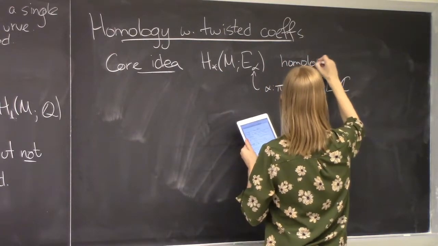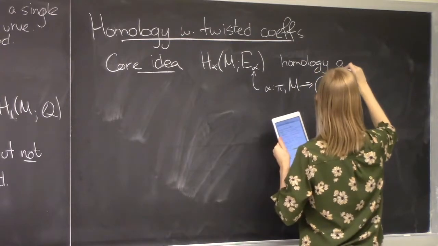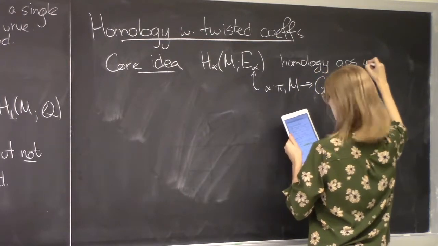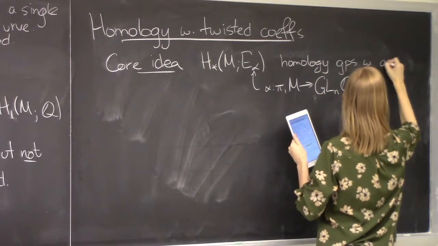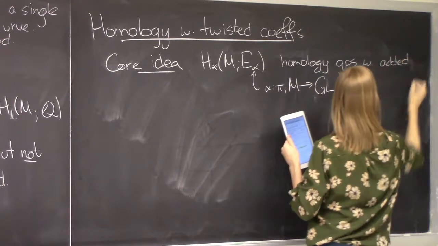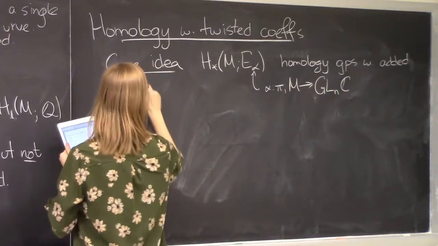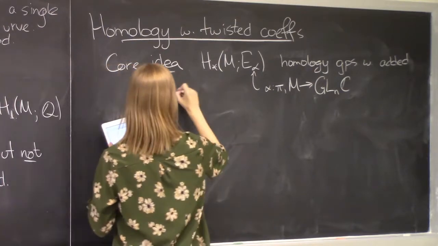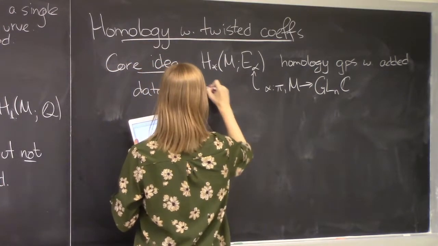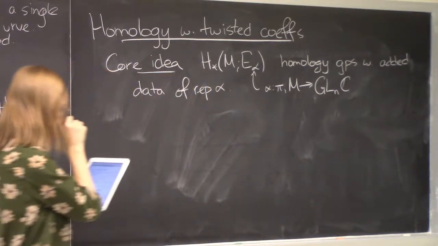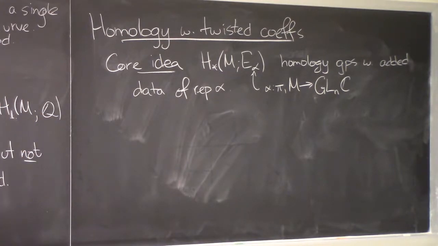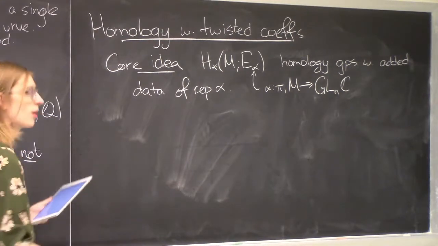So these are homology groups with the added data of this representation, alpha. And you can similarly define twisted cohomology groups.